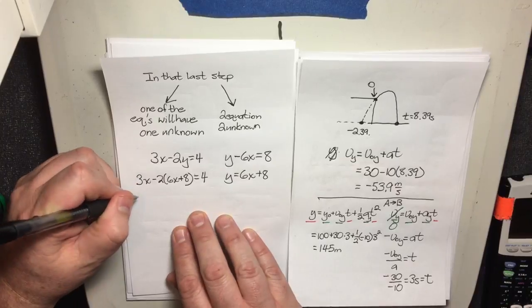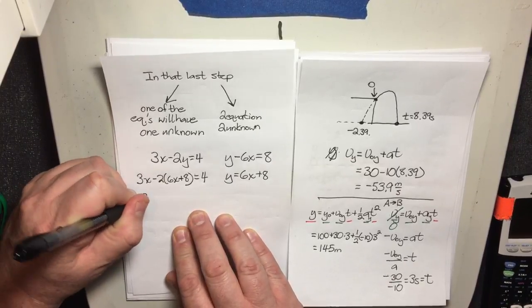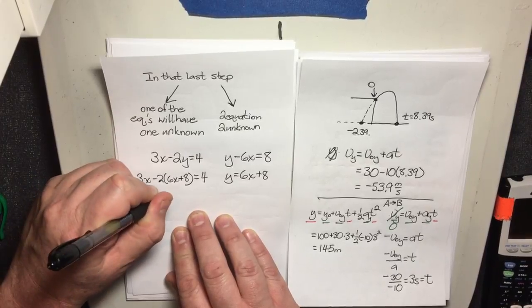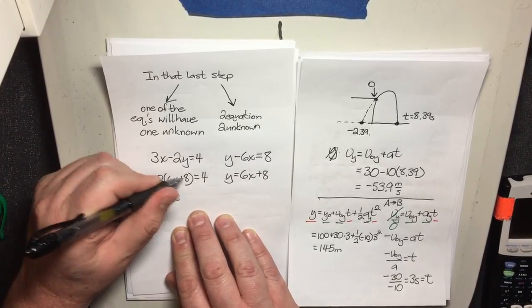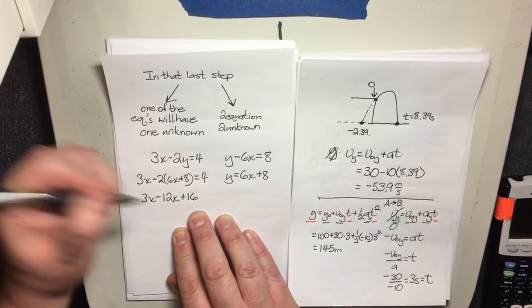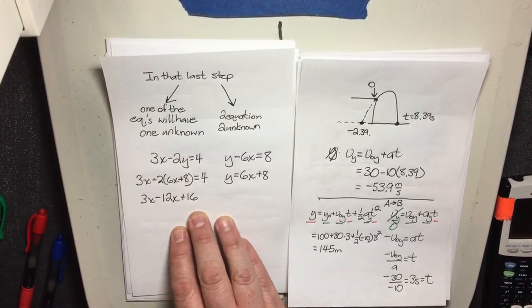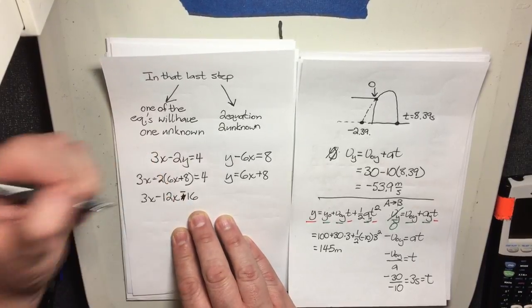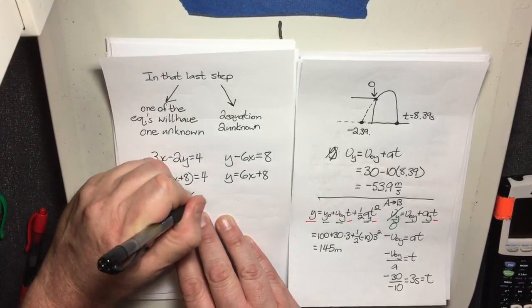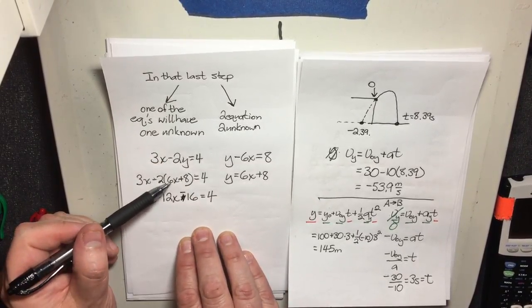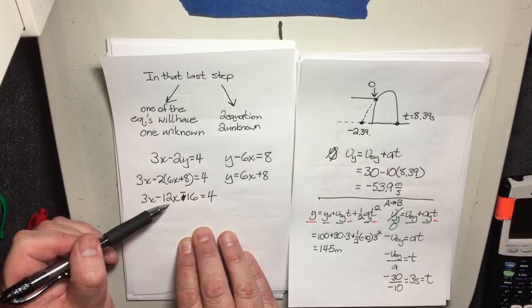Next, solve for x. 3x minus negative 2 times 6, negative 12x. Negative 2 times positive 8, positive, ooh, what did I do wrong? Negative 16, thank you. Equals 4. So the negative 2 hits the 6x, becomes negative 12x.